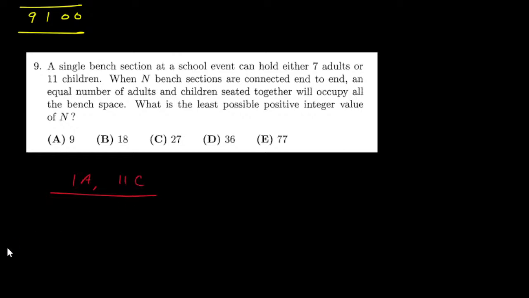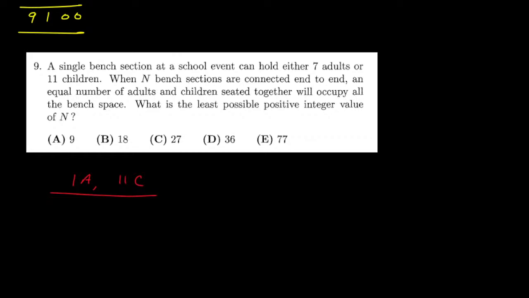Okay, when n bench sections are connected, now like this I have connected n bench sections end to end, an equal number of adults and children seated together will occupy all the bench space. What is the least possible positive integer value of n? So how many benches will I connect? I will connect so that the number of adults and the number of children will be the same.